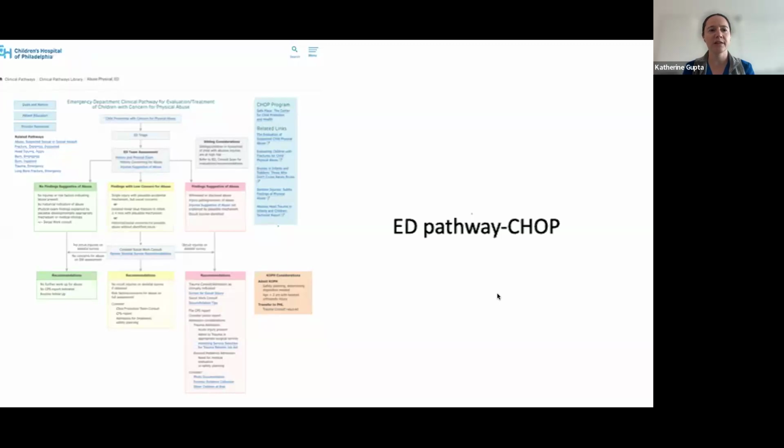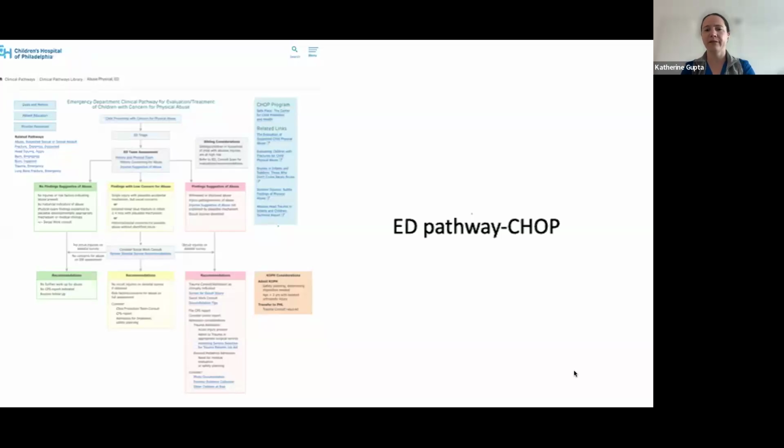This particular one is for suspected physical abuse in children, and it walks you through the green zone, i.e., what injuries are you not so worried about? The yellow zone, which is like, I'm not really sure, and how might I approach becoming more sure about if this is non-accidental? And then there's a red zone, which is clearly suspicious injuries or suspicious circumstances, and walking you through what to do with them.